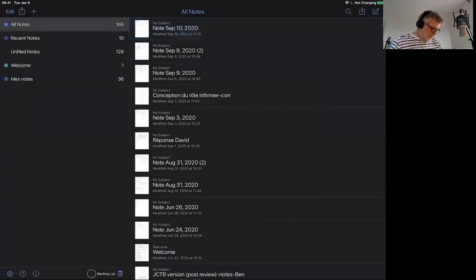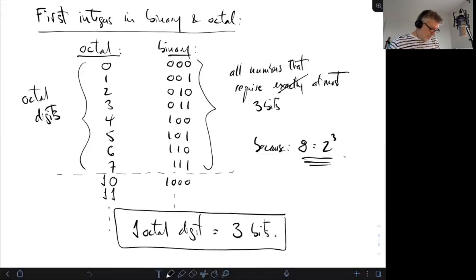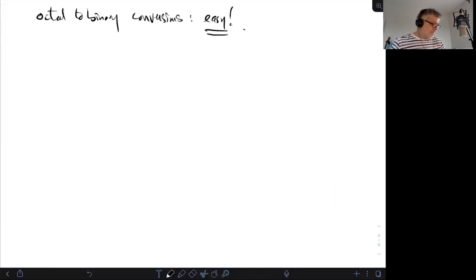I mean, it's not hard, but it's not natural in a sense. But if you go from base 8 to base 2 and back and forth, the conversions are easy. So octal to binary conversions, this is super easy.